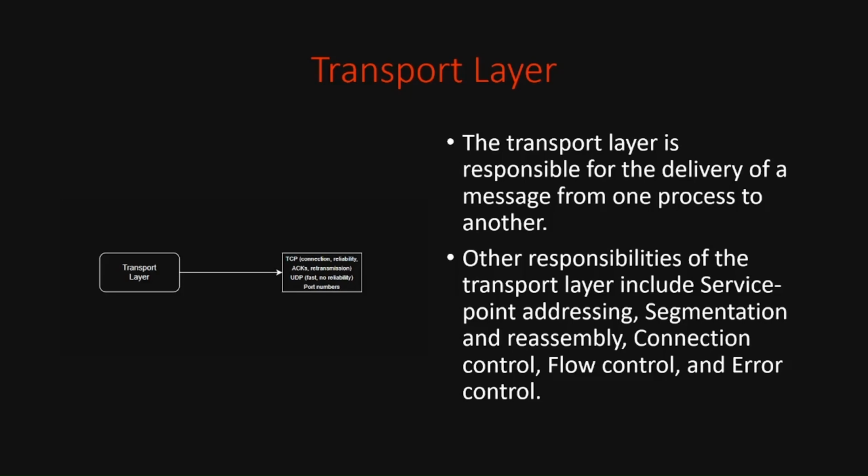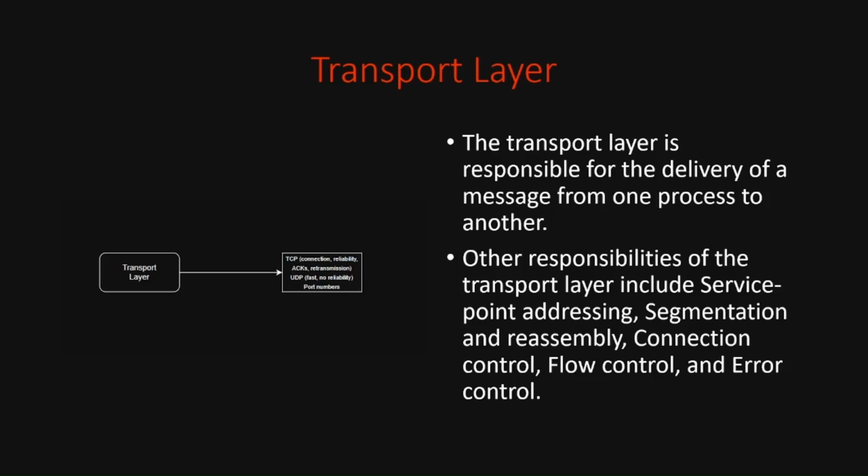And here's something you may wonder: why do we have flow control and error control here when the data link layer already does that? Well, the answer lies in the scope. The data link layer handles these controls only for the single link, one hop at a time. But the transport layer manages flow and error control end to end across the entire journey, from the sender's application to the receiver's application.